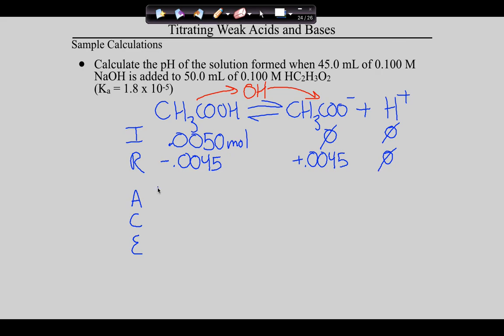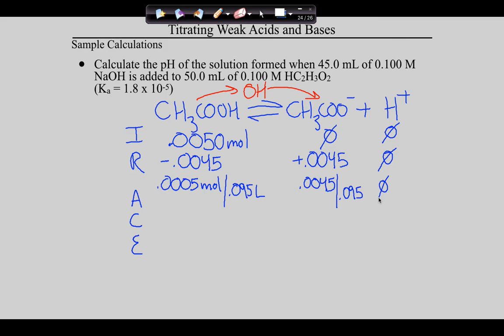So then we get 0.0005 moles. And I'll just do this now. That's divided by 0.095 liters. And then here, guys, we've got 0.0045 divided also by 0.095, and this is still 0.